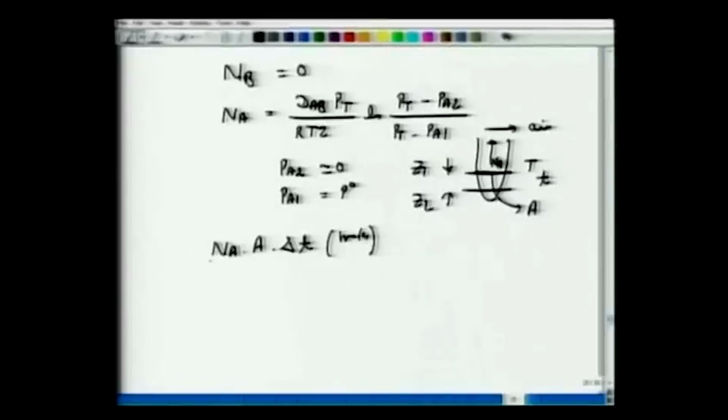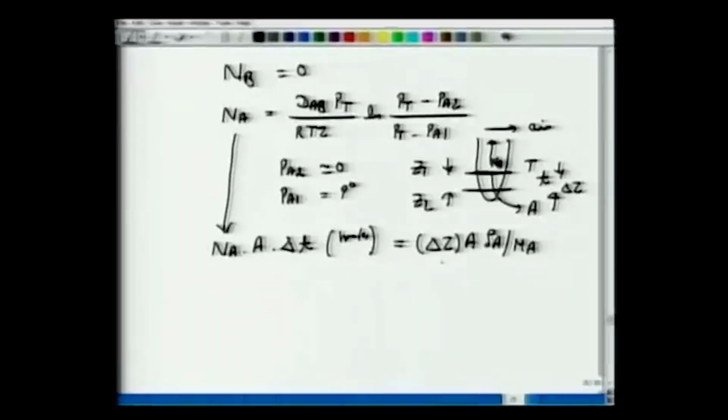So over del T, so many moles of A have diffused, and this is nothing but how much material has evaporated. So we have del Z into cross-sectional area, that will make it volume, into rho A, the density, divided by Ma. So all we have done is made a material balance, and we can substitute this Na here.